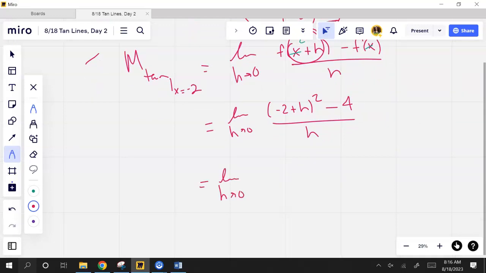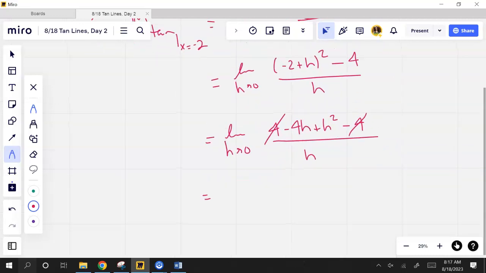If I FOIL this out, I would end up with 4 minus 4h plus h squared. The 4's cancel. And I have the limit as h approaches 0 of, I'm going to write it this way, so I can factor that h out.